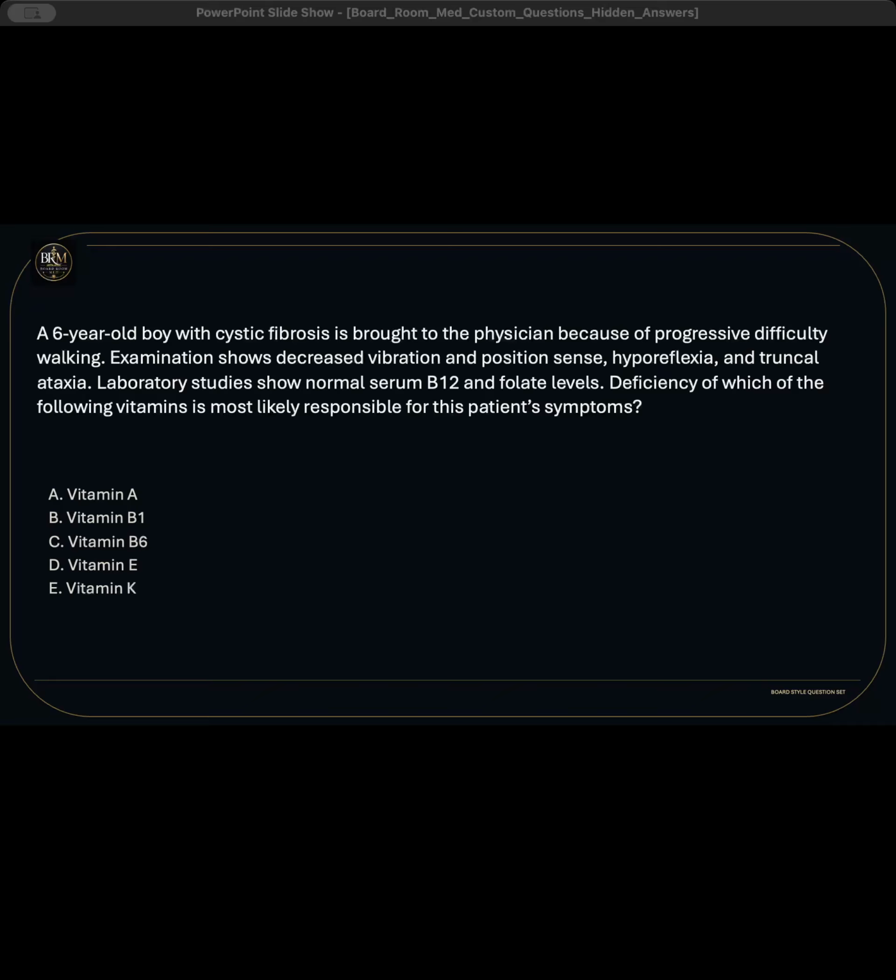Now let's connect this to the cystic fibrosis. If you cannot digest fat, you cannot digest fat-soluble vitamins. Patients will develop deficiencies of A, D, E, and K. Okay? Let's go through these other answer choices. Vitamin A deficiency usually causes problems with vision and epithelial differentiation.